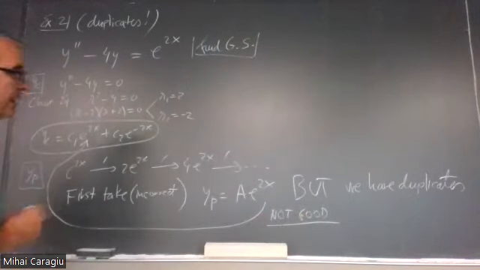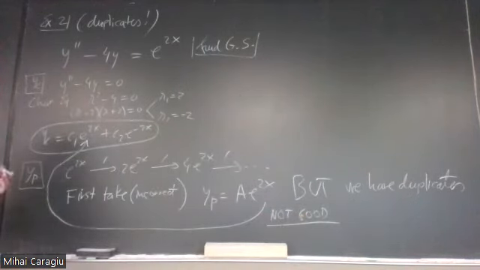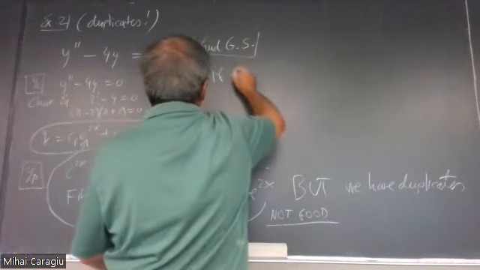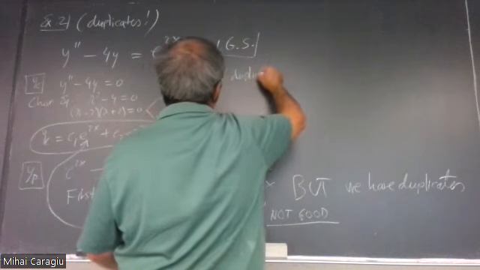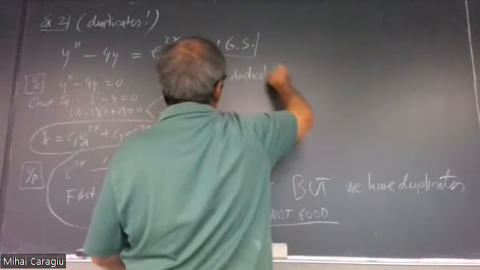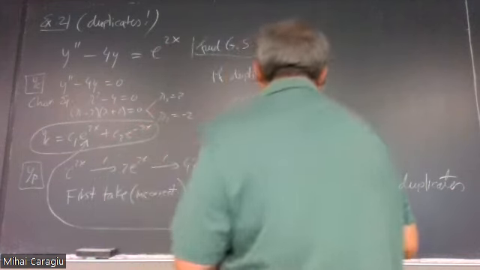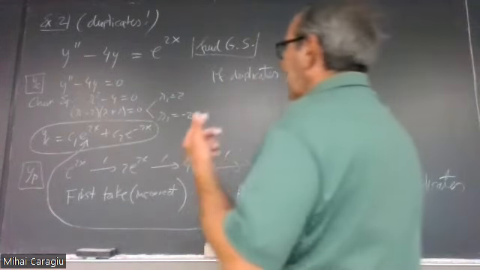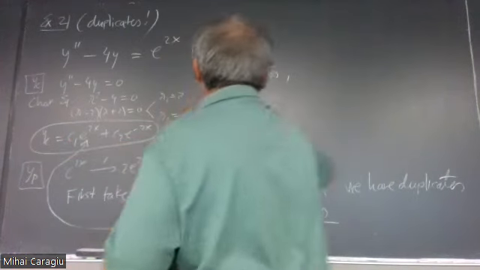What do we do in those cases? We have to multiply by the smallest power of x. Writing words is very important. If duplicates, multiply by the smallest power of x such that there are no more duplicates with the terms appearing in the y sub c.